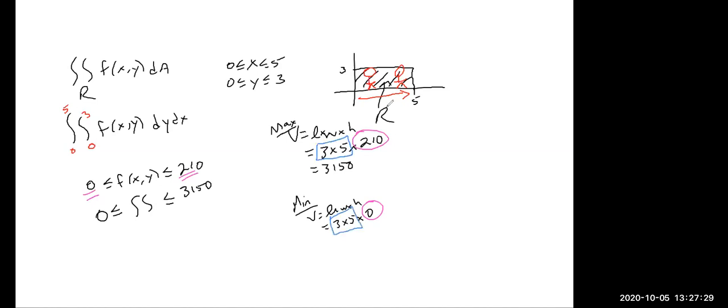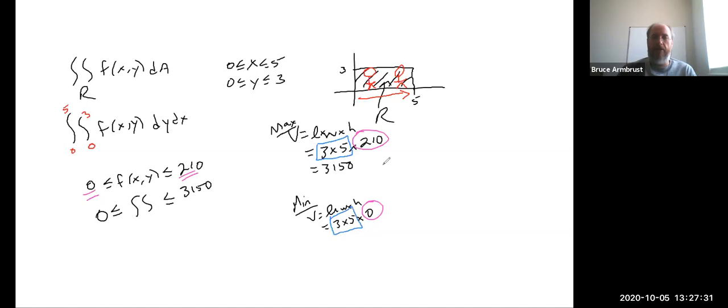Yeah, those were the bounds. In fact, that's the area of the region, the area of R. So in essence, this 3150 was the area times that max, and the 0 was the area times the min.